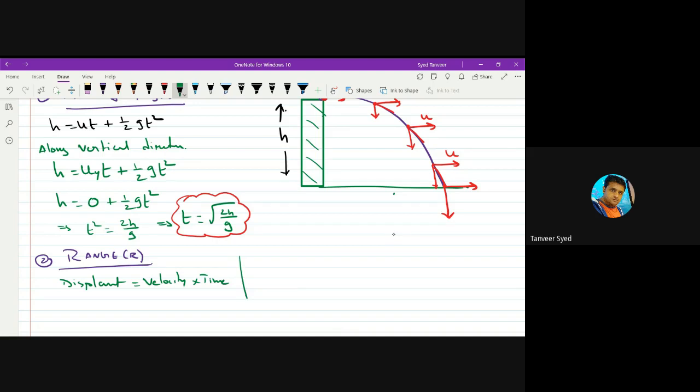How much is displacement? Range. This is the horizontal displacement. Which velocity? Horizontal velocity, how much u? You are giving u horizontal velocity into time. Which time? This time. So R is equal to u root of 2h by g.